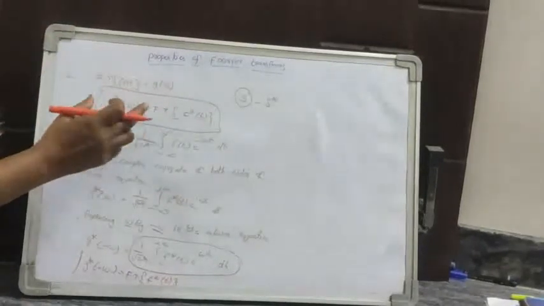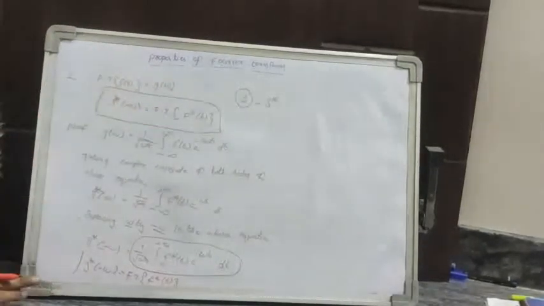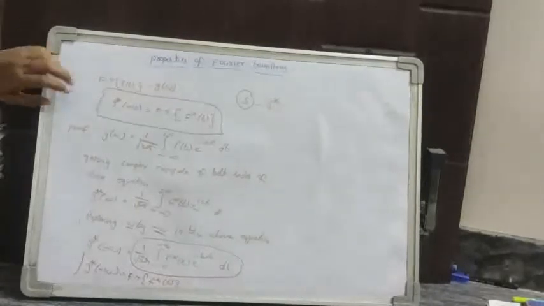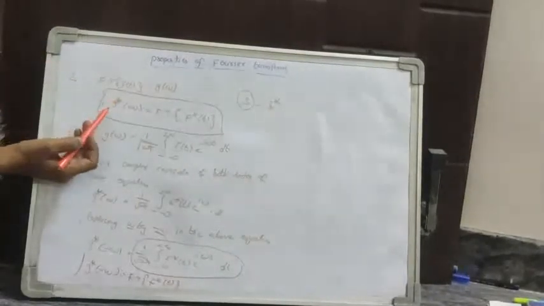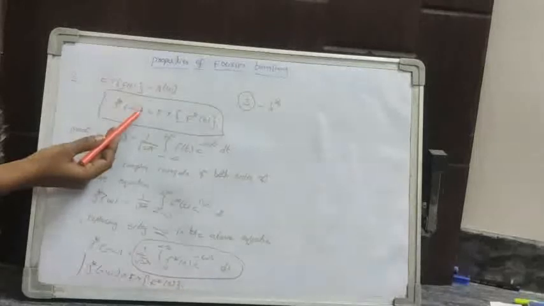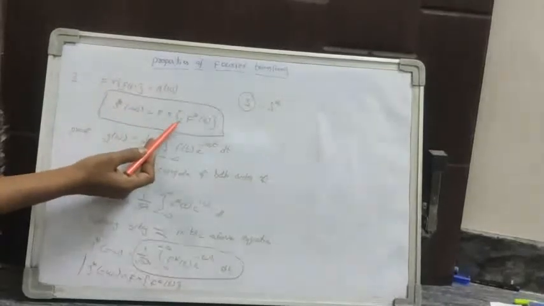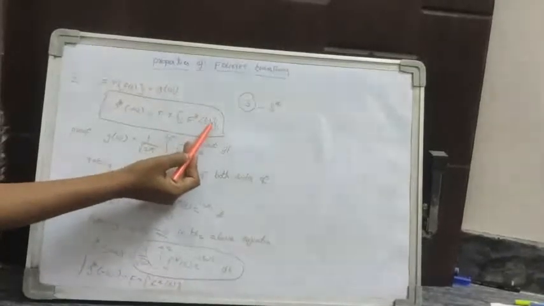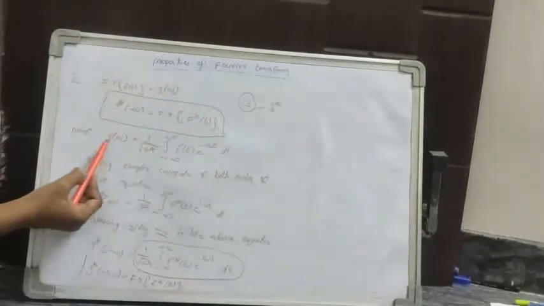complex conjugate property. Once again, this property is related to the complex conjugate of the function, and in this we have to prove g conjugate of minus omega is equal to the Fourier transform of f conjugate of t. To prove this, we considered g of omega.